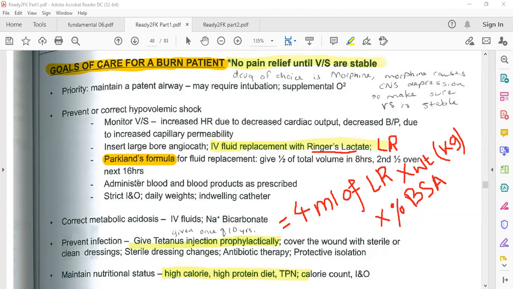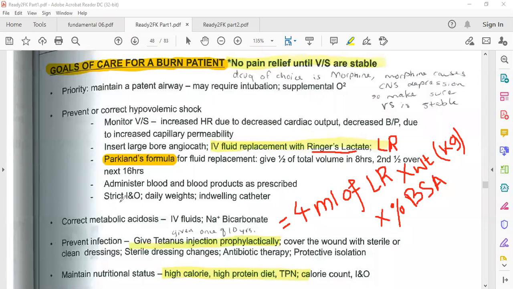Administer blood and blood products as prescribed. If we need them, we give them to save the life.